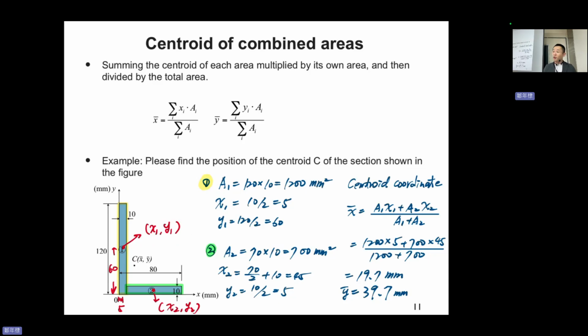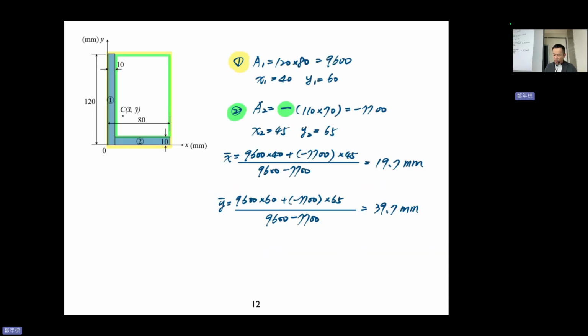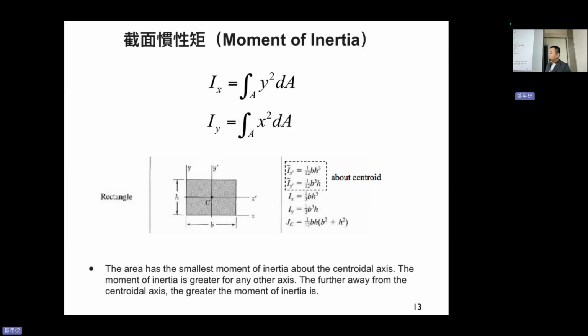If you have two areas or more, you multiply each own area by its own coordinate, add them together, and divide by the total area. You will get the centroid for the combined area. I believe you know this, and you can also use the negative area as an alternative way to solve this problem. And then we enter the second moment of inertia.